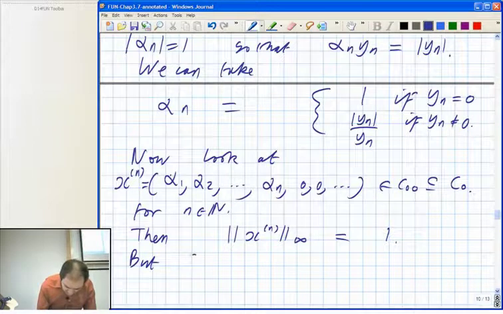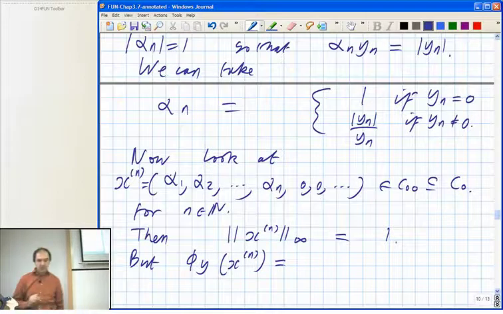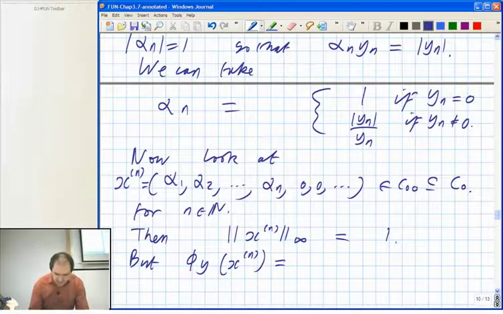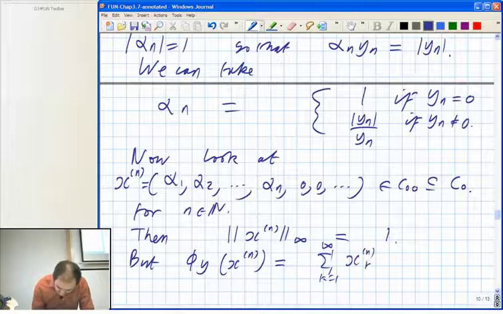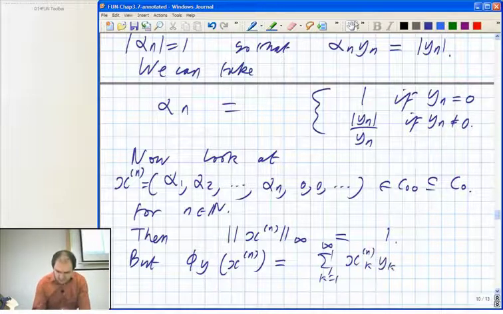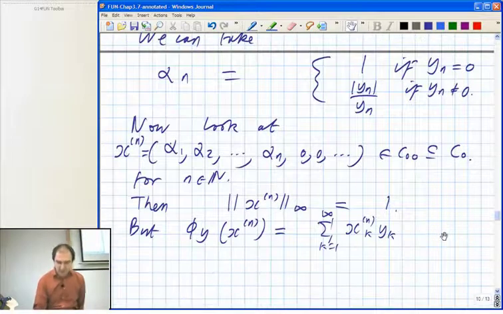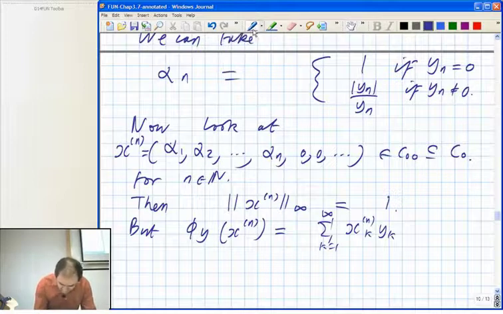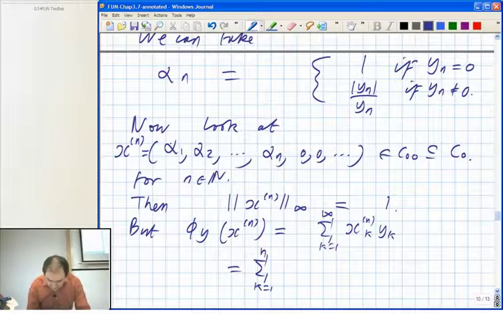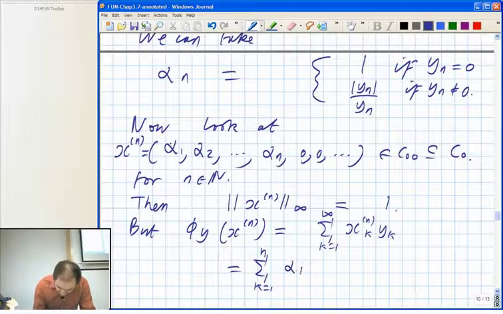And what's phi y of it? Well, you should sum from k equals 1 to infinity xnk yk, where those are the kth terms. But of course, that's really a finite sum. It's a sum from k equals 1 to n of alpha k yk.